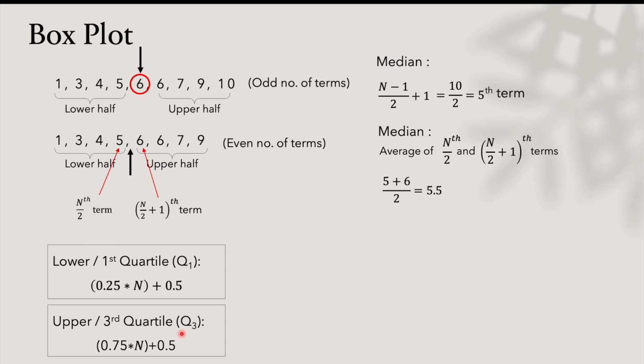Now we need to know the IQR, the interquartile range, which is found simply by subtracting Q1 from Q3. So Q3 minus Q1 gives us the interquartile range.